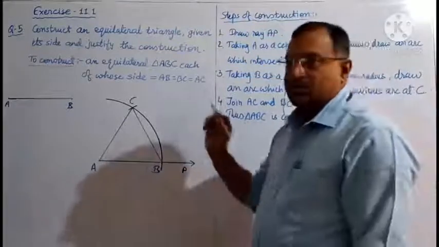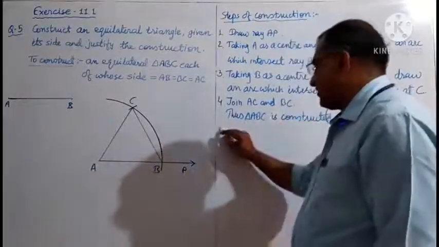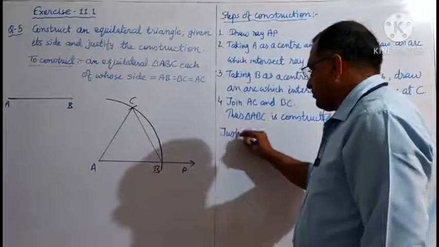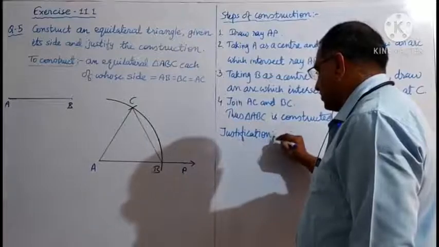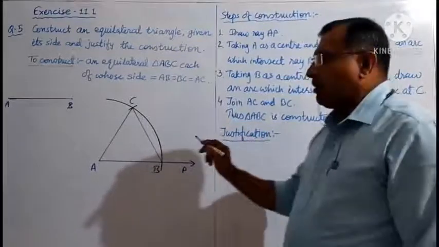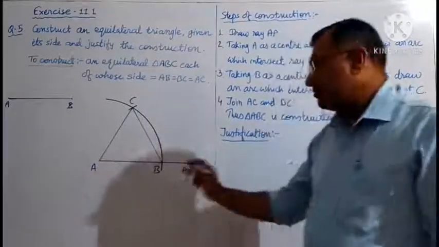So how can you say it is an equilateral triangle? So let us justify. Here the question is whether the triangle constructed is equilateral or not, how can we say?